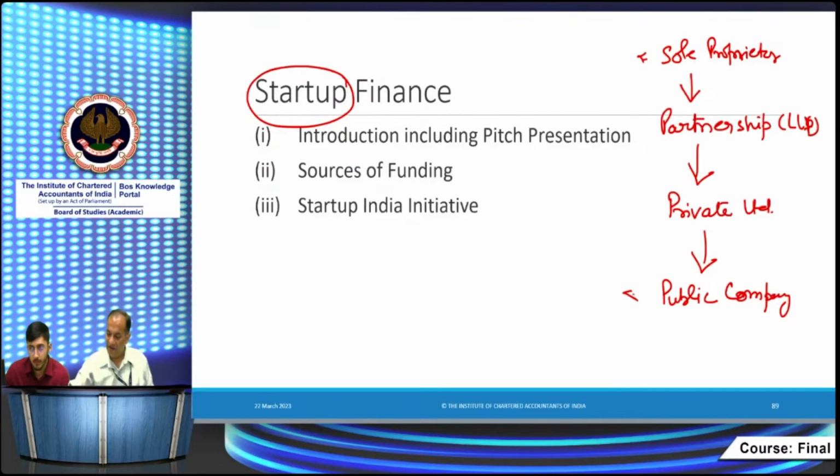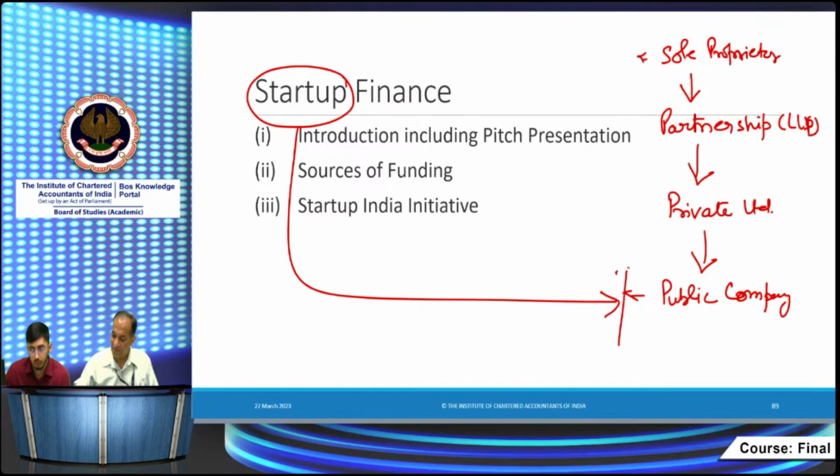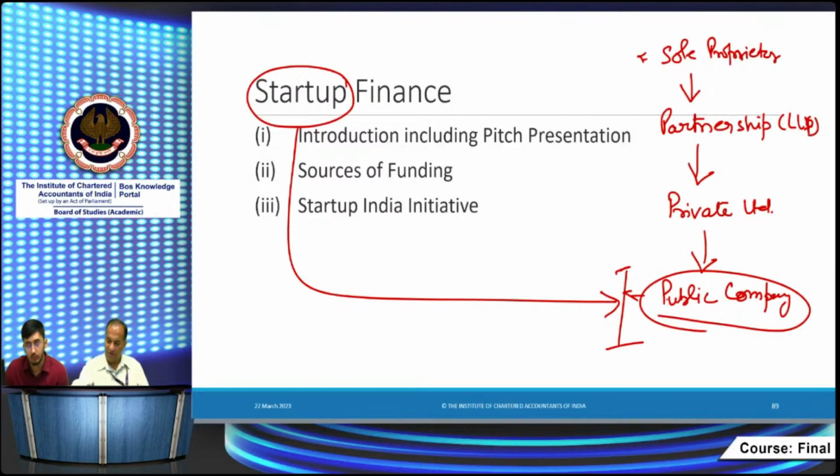Even today's business empires have taken a long period to build. But now the business model has quietly changed. In today's world of startup finance, the funding requirement is somewhere around here. It is a parity, and I can give a parity with the private limited company.